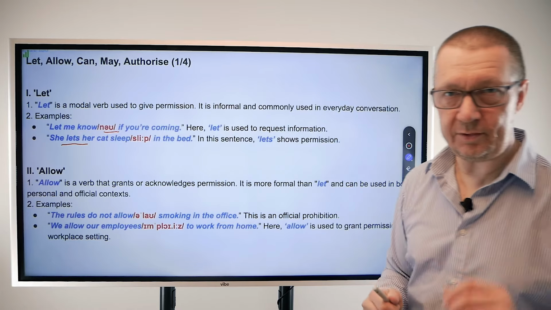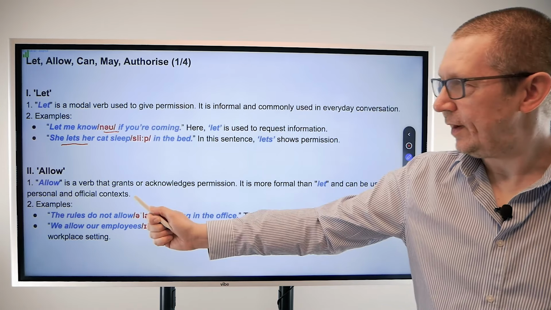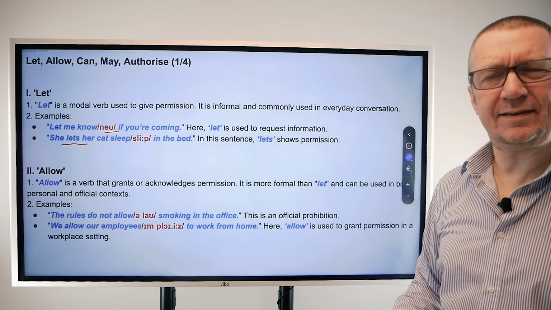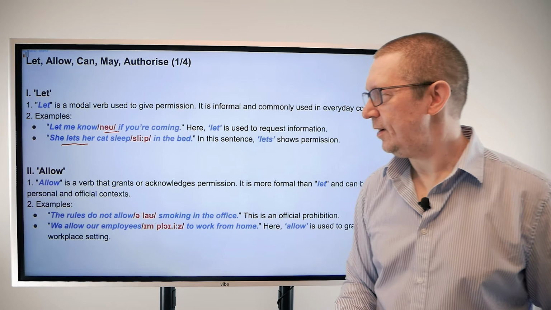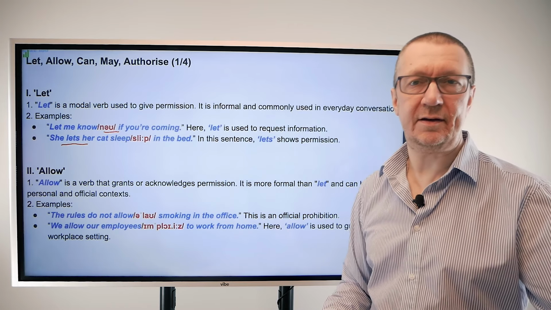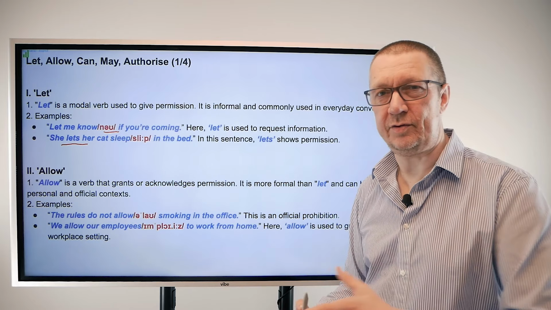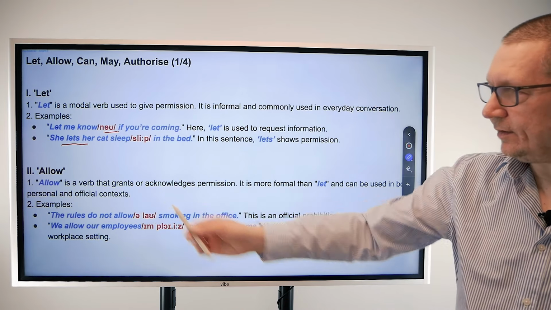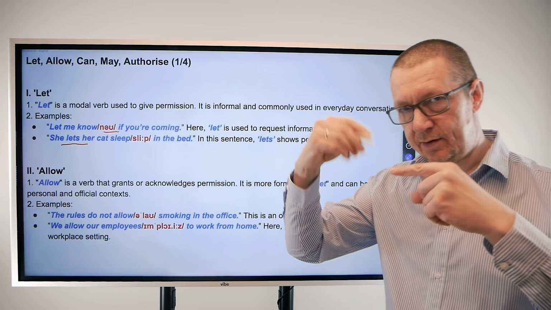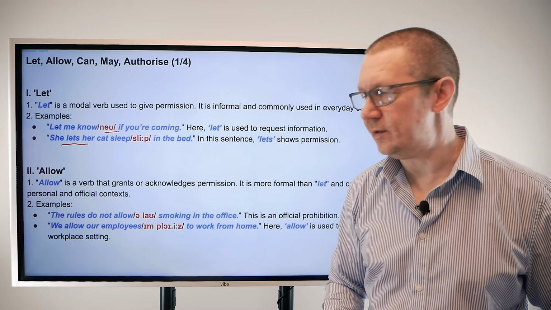It's a little bit more formal than let, like we spoke about. You'll find it more in some kind of official context. You might see on signs things like, you are not allowed, or you should not be allowed to do this. Let's have a look at some examples before we make the connection between the two.